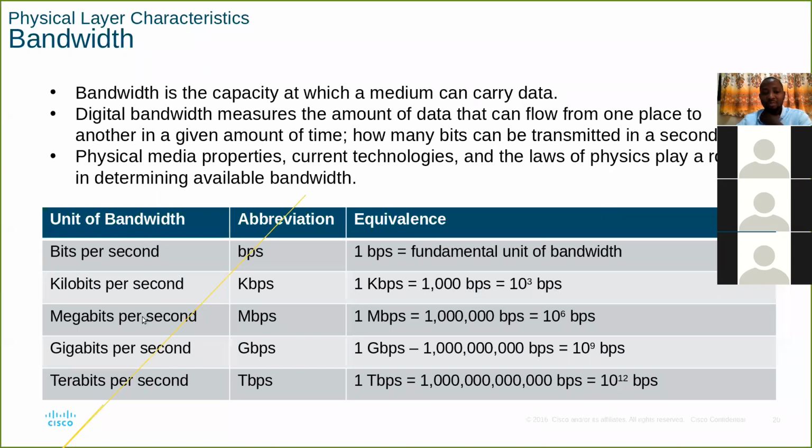Then from kilobits per second, you go to megabits per second. 1 megabit per second is 10 raised to the power 6, that is 1 million bits per second. Then you move to gigabits per second. 1 gigabit per second is equal to 10 raised to the power 9 bits per second. That's how it goes. Then you have terabits per second. So the unit for measurement of bandwidth is per second.